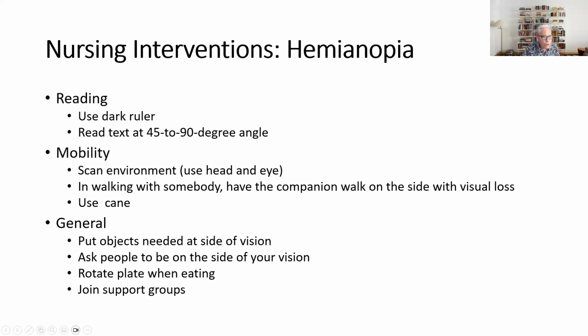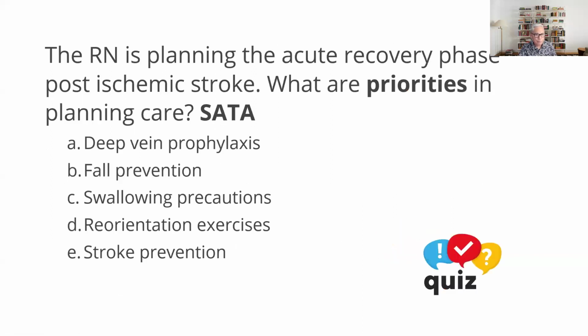To prevent this, we want to ask the patient to rotate the plate. So, if this is the plate of food, for example, this half might not be eaten. Therefore, we need to teach the patient to rotate the plate when eating so that they will see the whole content of that plate. And then, of course, support groups are going to be very important.